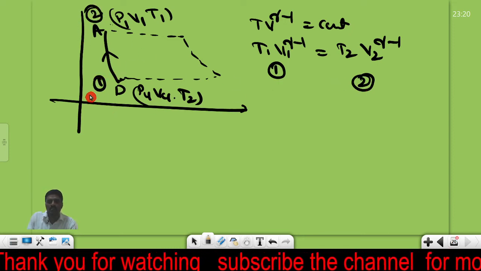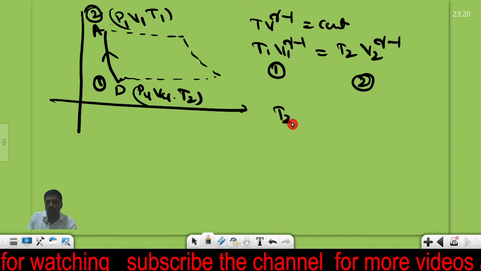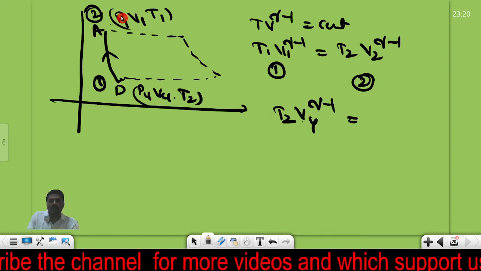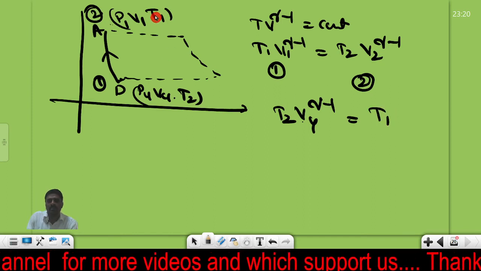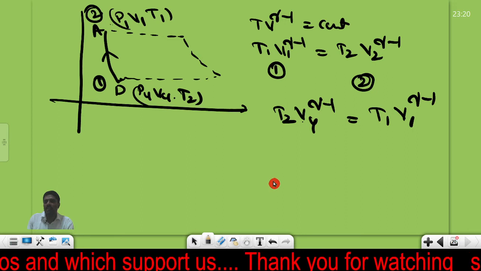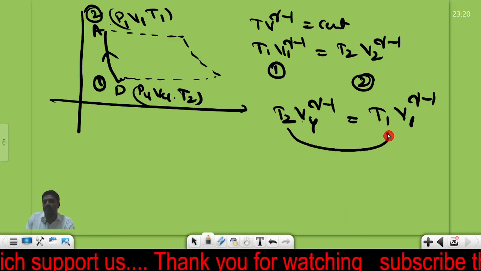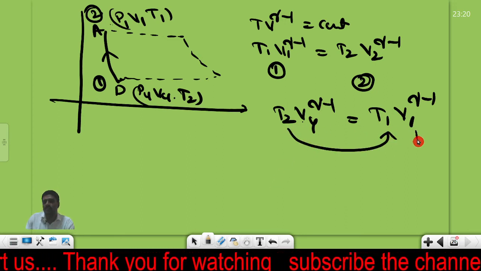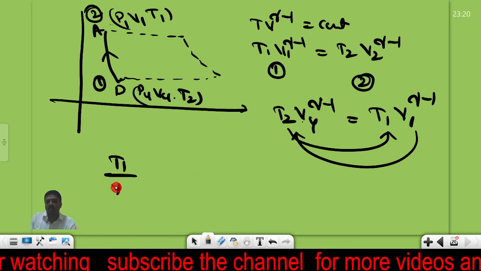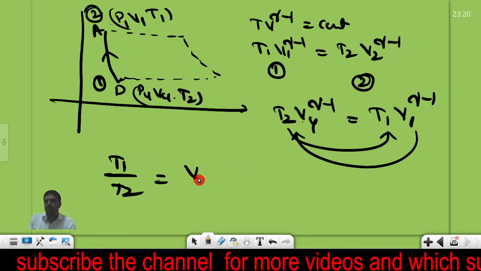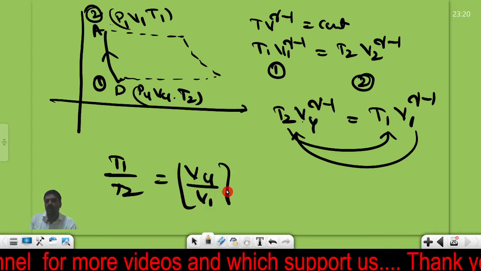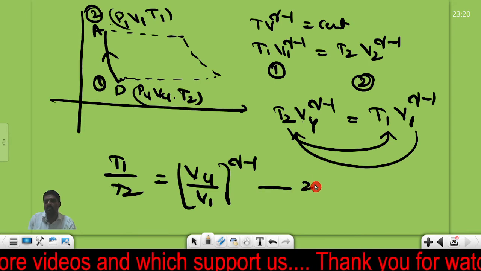Now here the temperature is T2 and volume V4, and there the temperature is T1 and volume V1. Our goal is to find T1 by T2, so T1 by T2 is equal to V4 by V1 whole to the power of gamma minus 1. Let me call this equation 2.